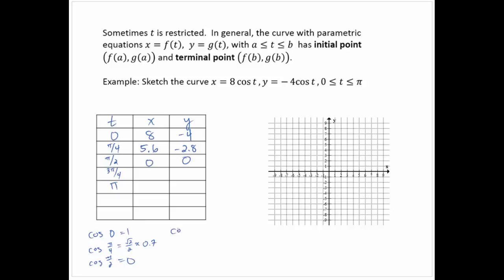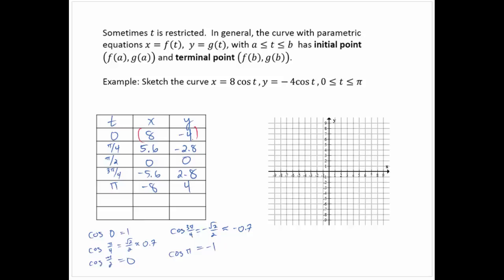For 3 pi over 4, the cosine is negative root 2 over 2, about negative 0.7. Multiplying that by 8 would be negative 5.6, and multiplying by negative 4 would be positive 2.8. And finally, for pi, the cosine of pi is negative 1. Multiplying that by 8 would be negative 8, and by negative 4 would be positive 4.